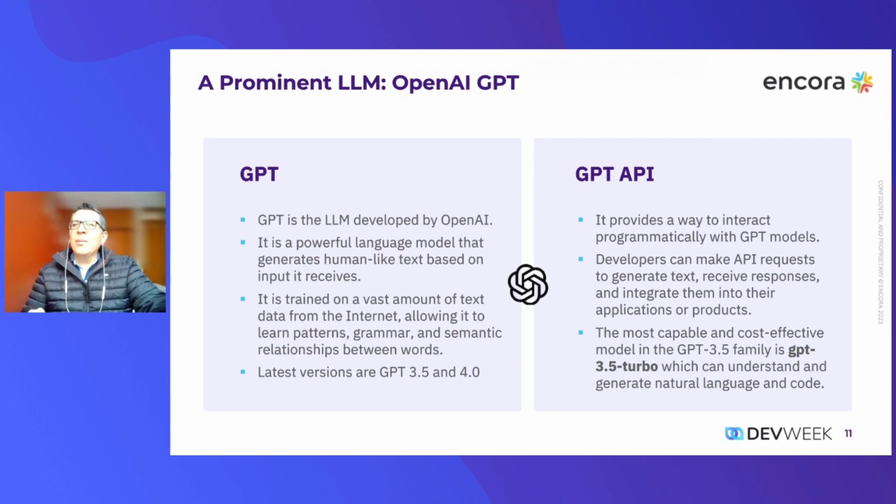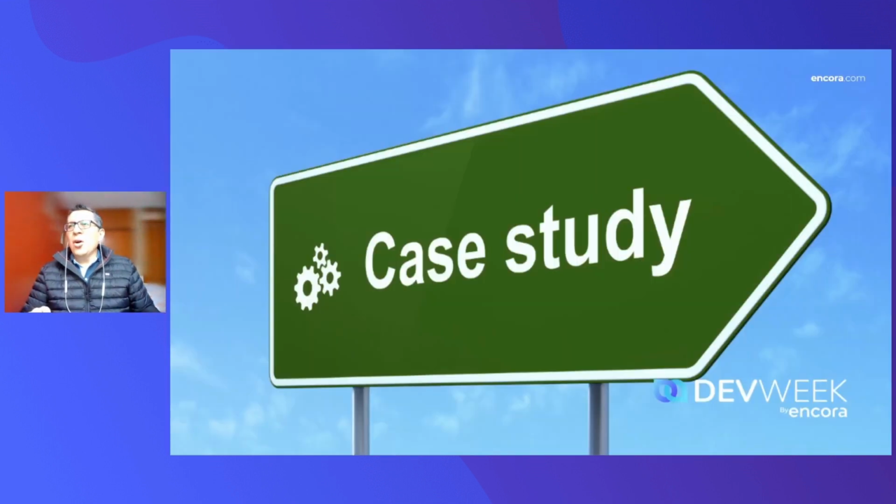The latest model of the GPT 3.5 family is GPT 3.5 Turbo. This is the latest version, which can understand and generate natural language as well as code. Okay, that is our context.